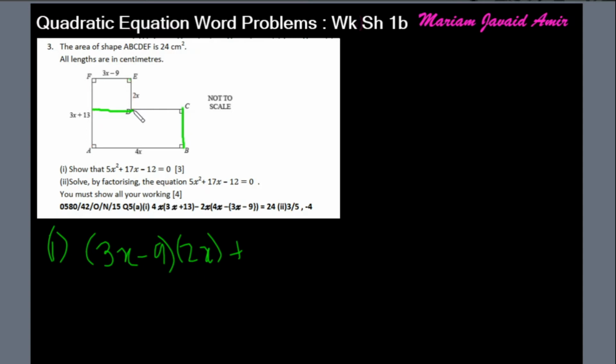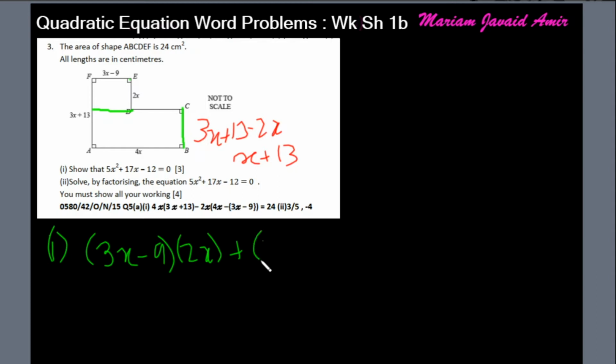So BC is 3x plus 13 minus 2x, which gives us x plus 13. So this is x plus 13 and this is 4x. Multiply these two to get the area of the lower rectangle.